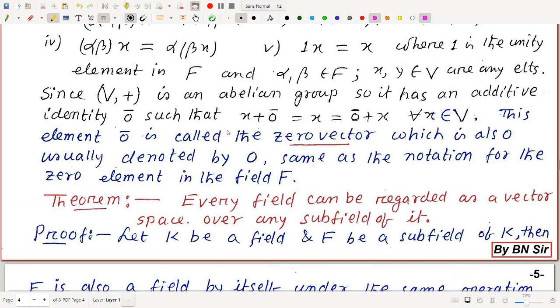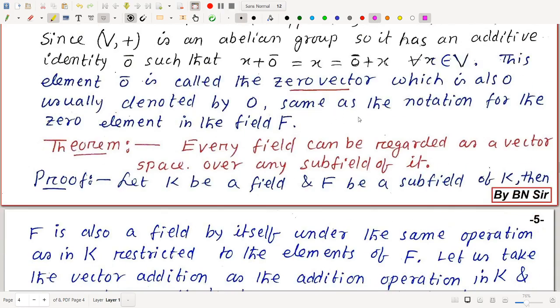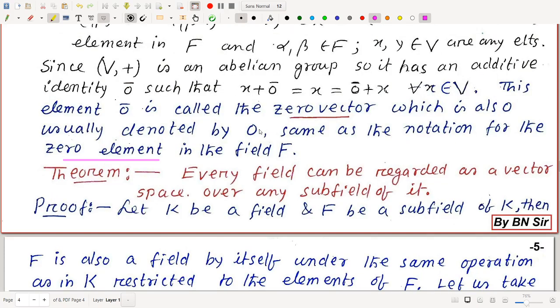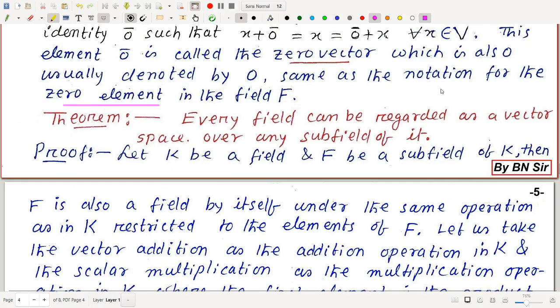This element 0 bar is called the zero vector, which is also usually denoted by simply 0, we shall not use the bar later on. Same as the notation for the 0 element in the field F. In a field, there is also a 0 element, because a field is also a group under addition, and it also has an identity element, and the same symbol 0 may be used for the zero vector and the zero scalar. The situation will say whether it is vector or scalar.